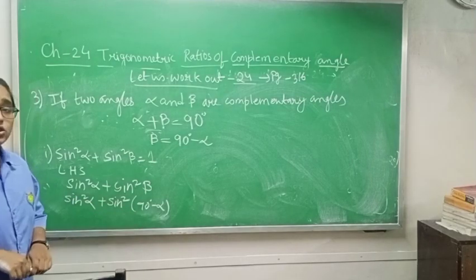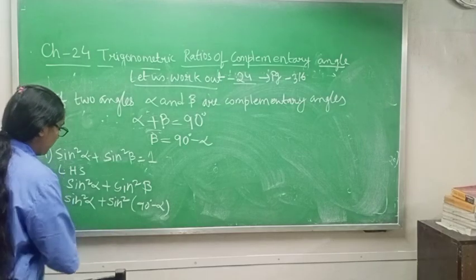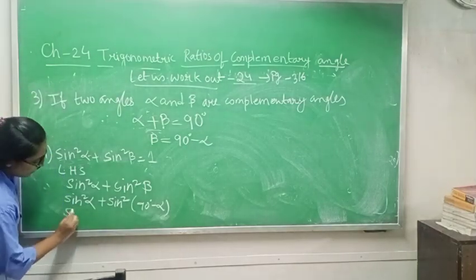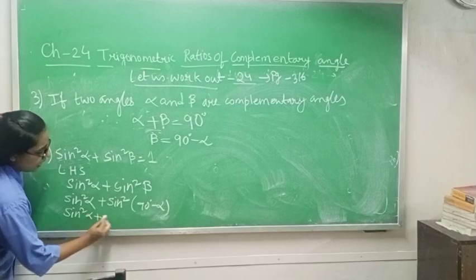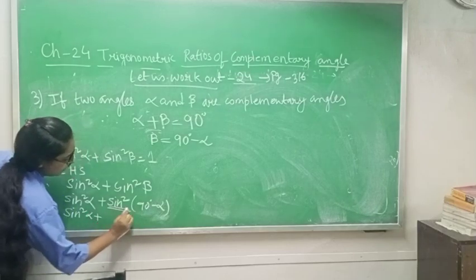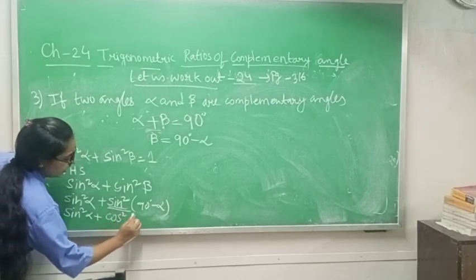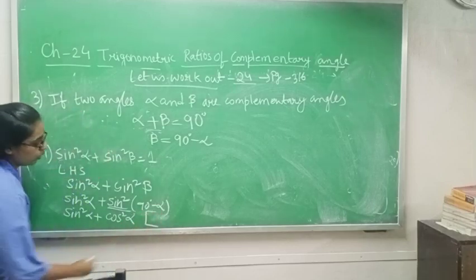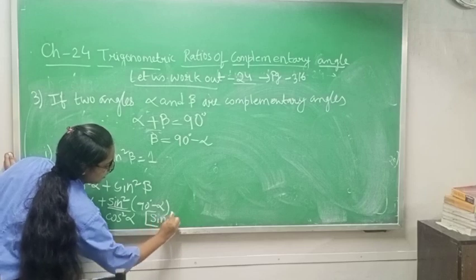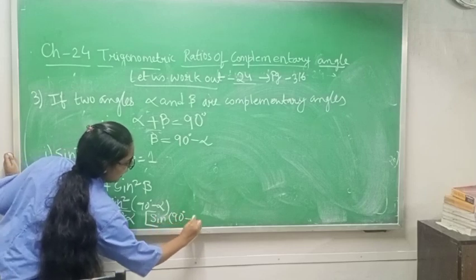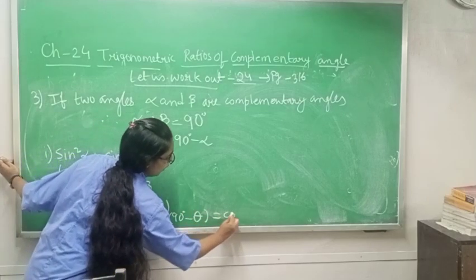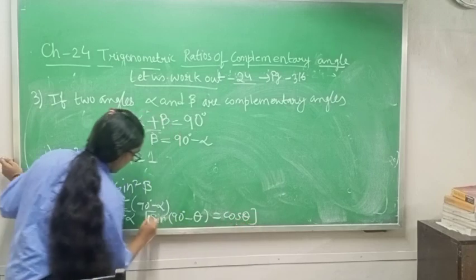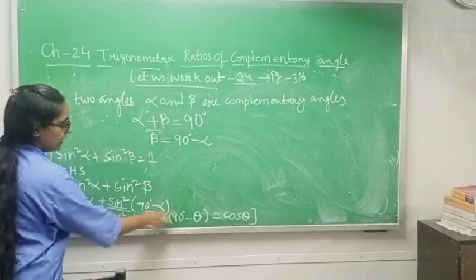This angle will change. You will write sin square alpha as it is, and this sin square will change to cos square alpha. Why? Because you know that sin 90 degree minus theta will give you how much? Cos theta.